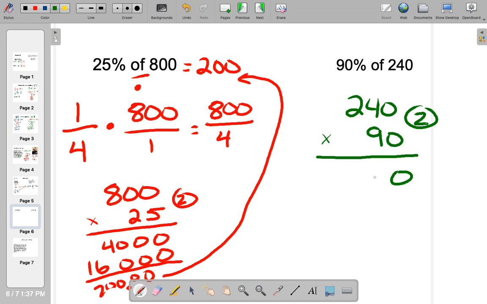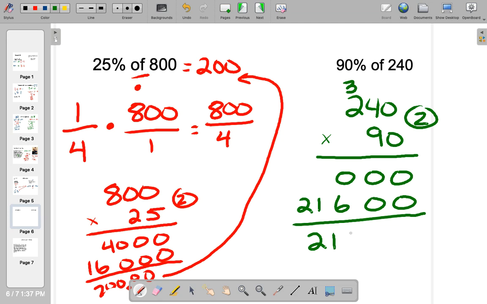We multiply like we've done many, many times now. And I get this, 2 digits behind the decimal point, 216.